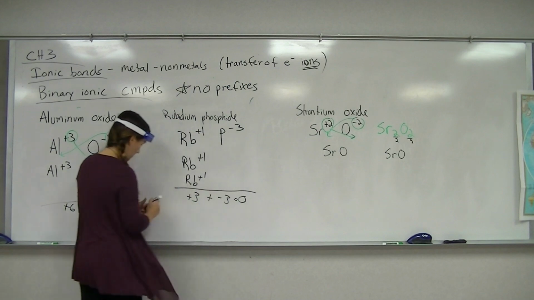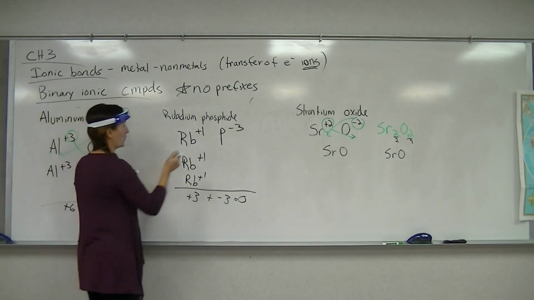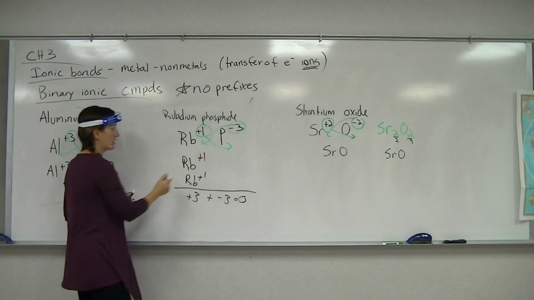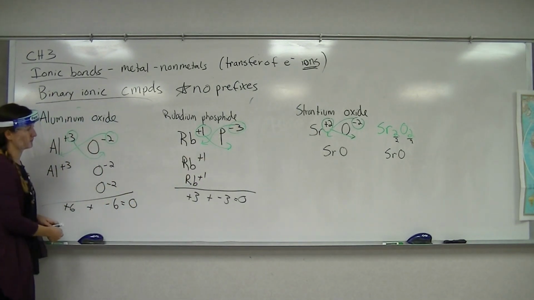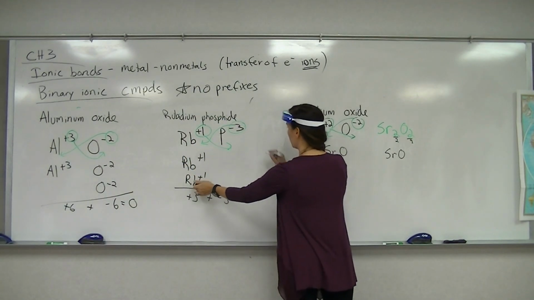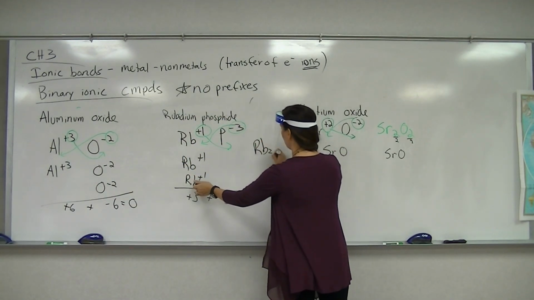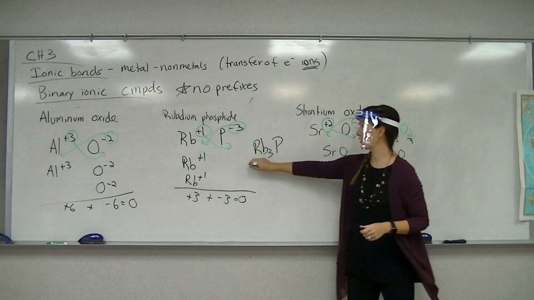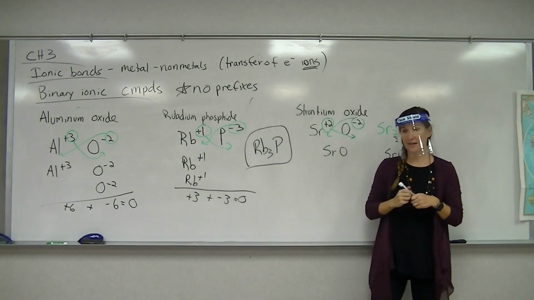And you could have also done the crisscross method here as well, where the 1 becomes a subscript on the phosphorus, the 3 becomes a subscript on the rubidium. Okay, so what we get is 3 rubidiums, so Rb3, 1 phosphorus. So this would be the correct chemical formula of that compound.